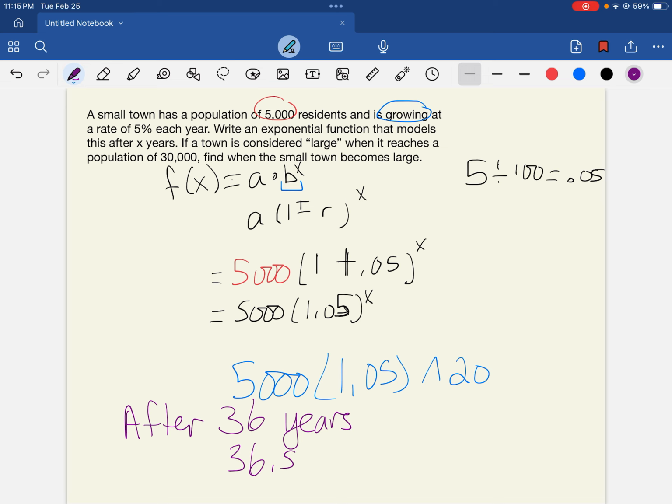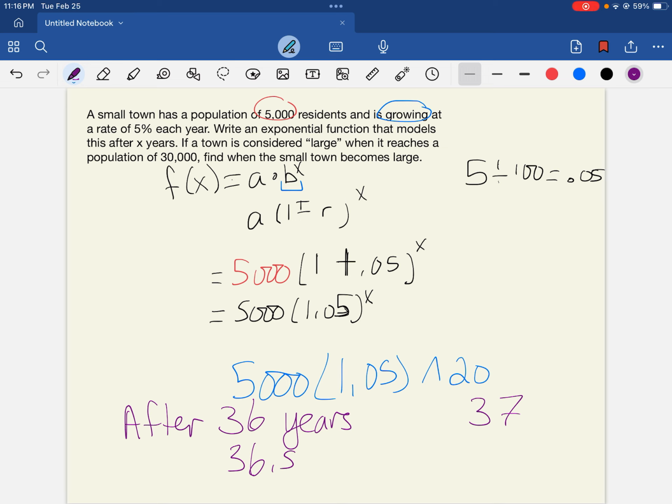We could also say 37 years. Because if we type 37 into our calculator, we would get 30,400. So it's almost the 37th year when the town goes from small to large. Make sure you're saying after; we would want this to be after 36. 36 is when it's too small, 37 is when it goes over. You could estimate or figure out what decimal equivalent it is, but that's a level of detail I'm okay with you skipping.